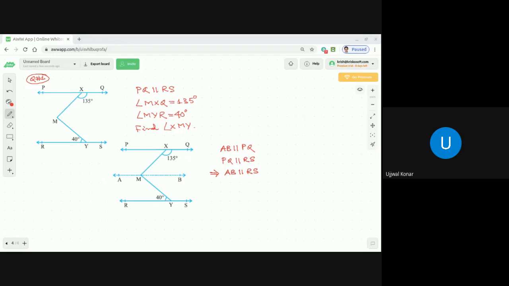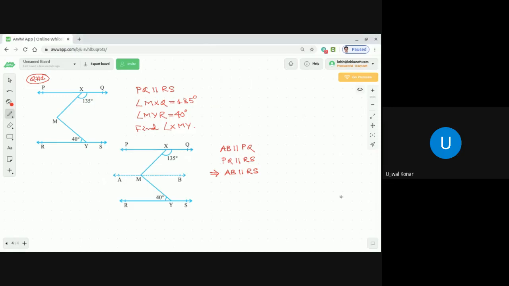Here AB and RS are both parallel to PQ. So AB and RS are parallel to each other. That's why we conclude AB is parallel to RS, correct?